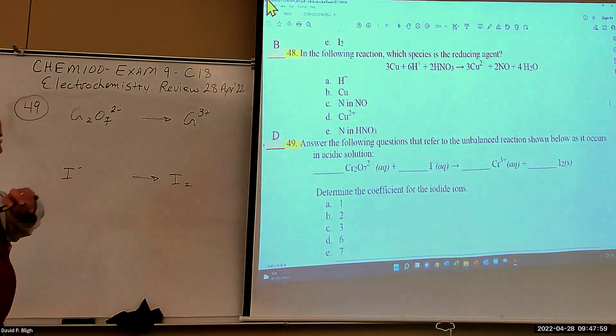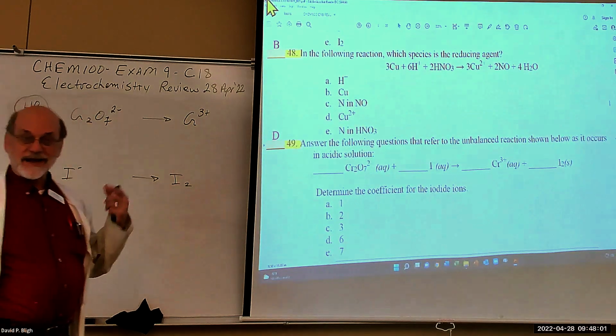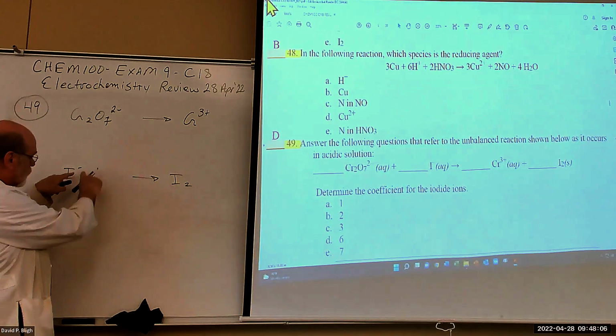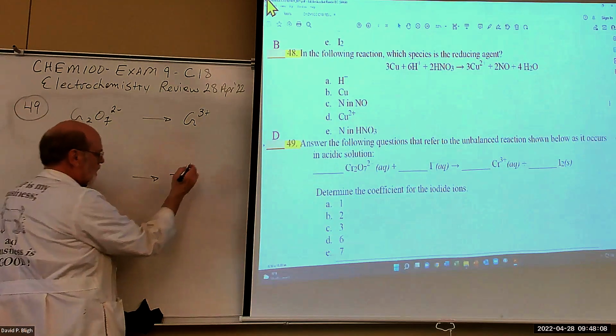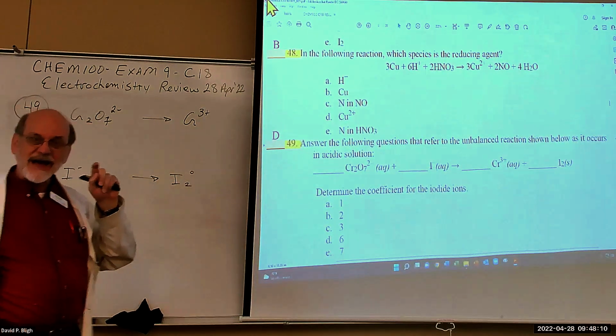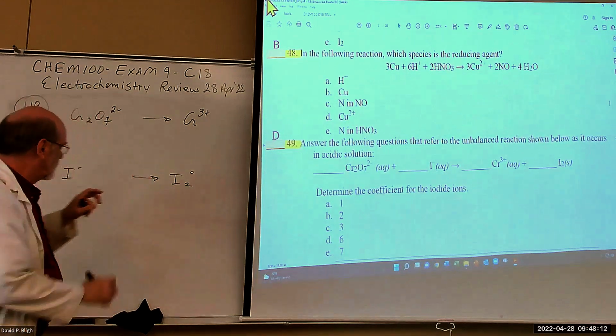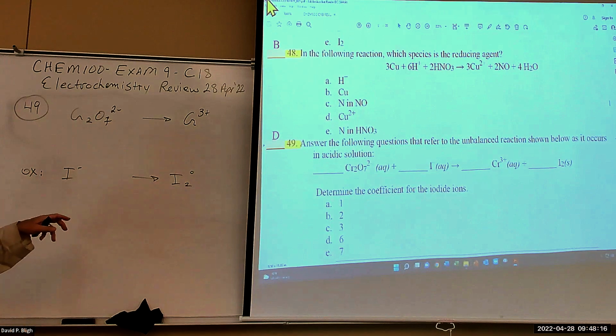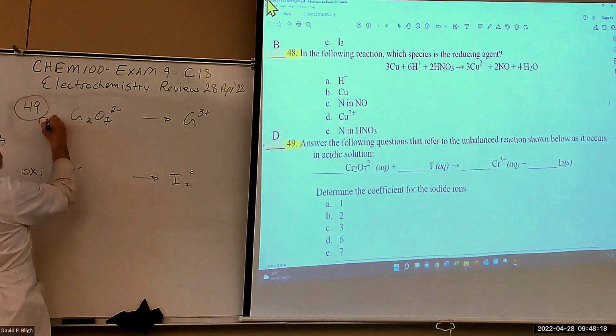All right. So the simplest way to answer this one is to look at that one. This one goes from minus 1 to a 0. Iodide is oxidized. That's the oxidation step. This one must be the reduction step.